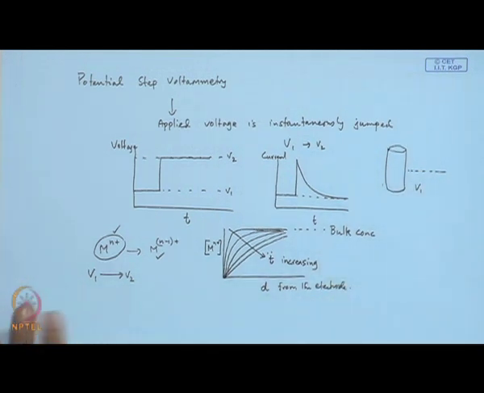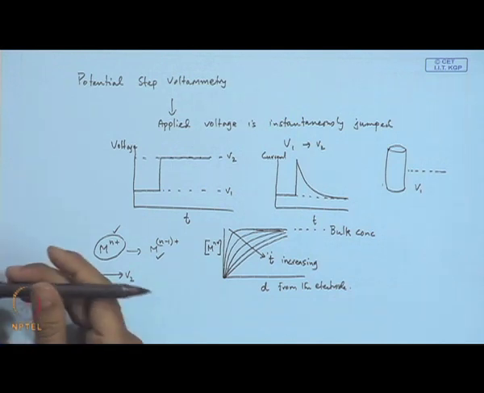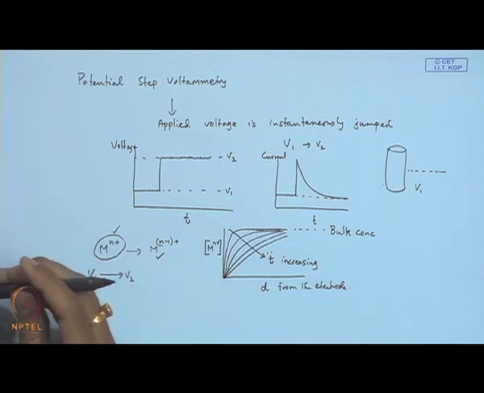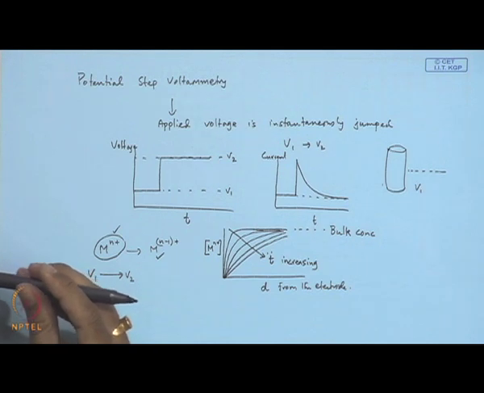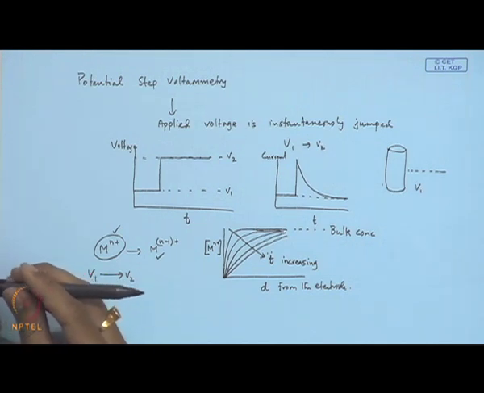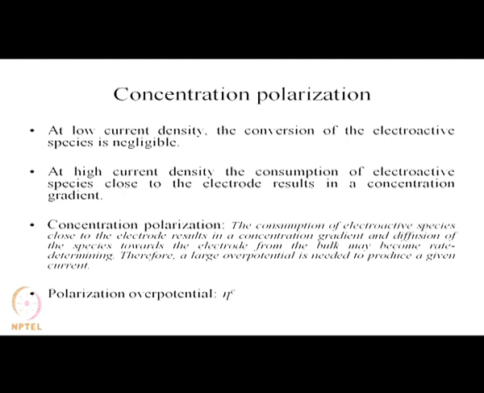That is why, using some equation, the mass transport equation, which relates to the current that is observed, you can find out the diffusion coefficient. Anyway, therefore, a large overpotential is needed to produce a given current.